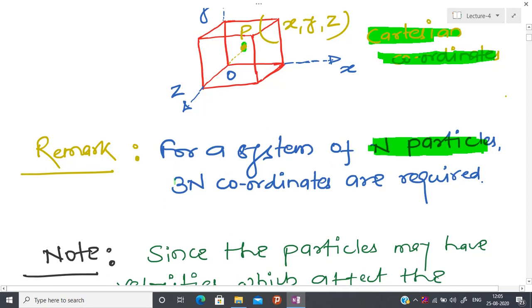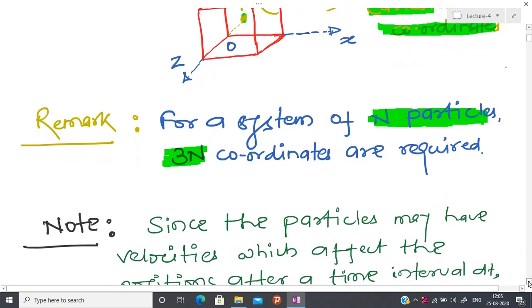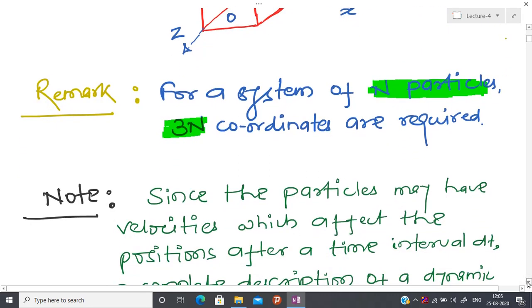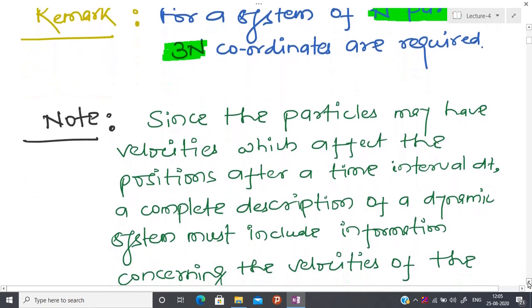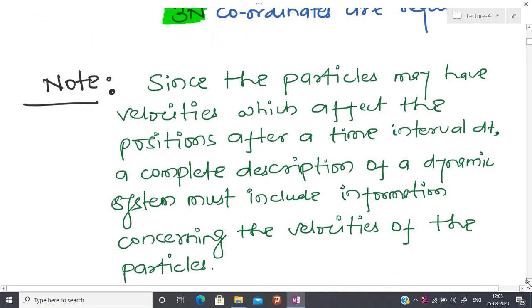So basically I have 3n coordinates, and these concepts are essential in order to derive the Lagrangian formulation. Due to that reason, I have repeated them. I know that most of you are already aware of this.